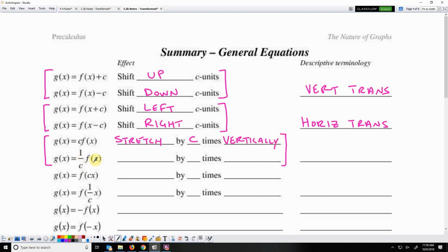And if it's times 1 over c outside of the function, we're going to stretch 1 over c times vertically. So when we're multiplying outside, that is a vertical dilation.